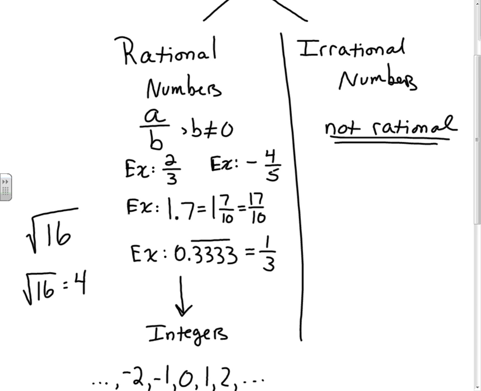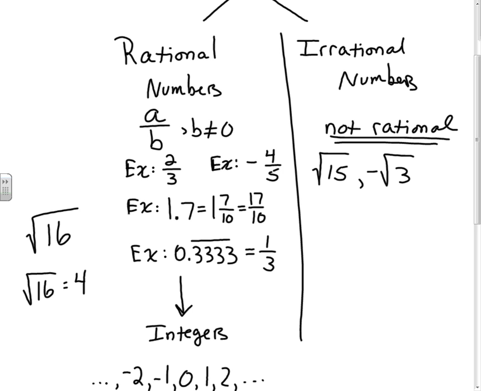I used the square root of 16 as an example of a rational number. The square root of 15, however, if you type that in your calculator, you get a non-repeating decimal. Therefore, that is not a rational number. The negative square root of 3 is another, so you can have negatives. Irrational numbers can be both positive and negative.